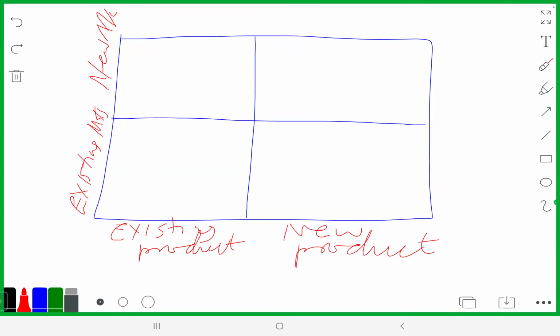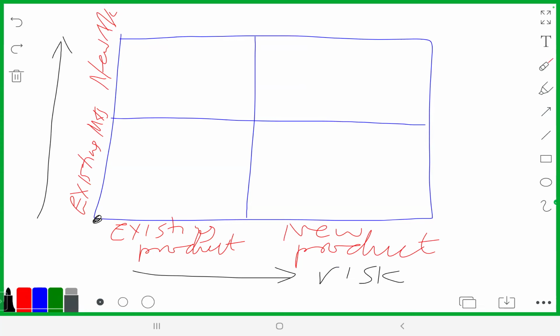Now, what are some of the strategies available to the business? As you move from the point of origin going to the right, risk increases. Again, as you move upward, the level of risk does what? Increases.